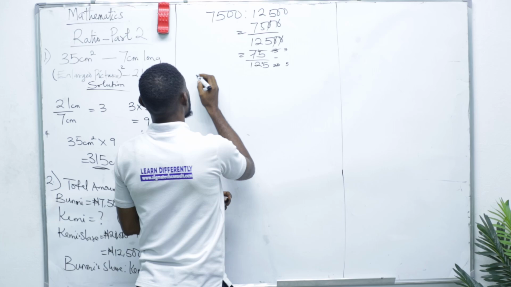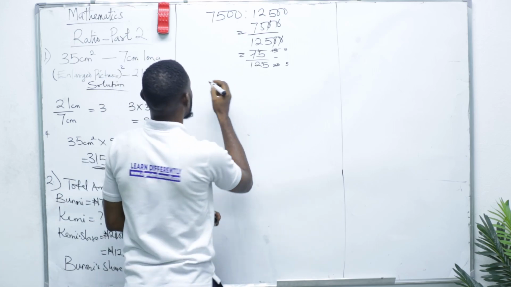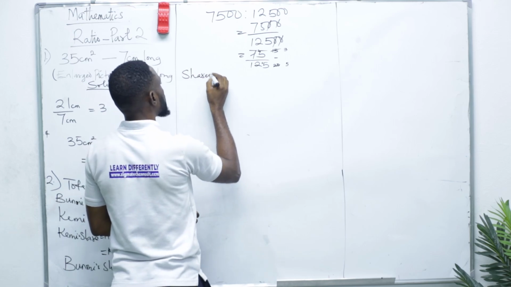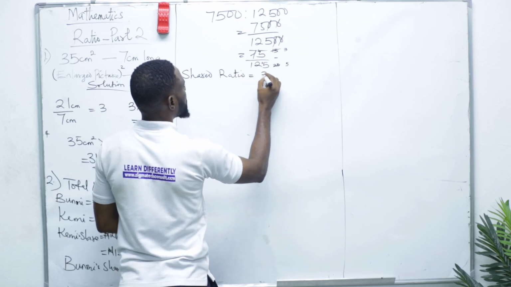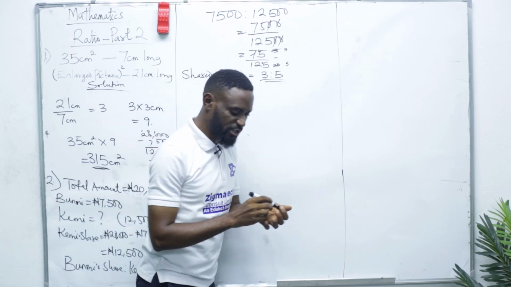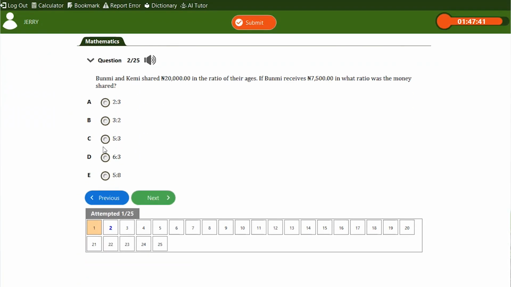So we say that the ratio of the sharing, or the shared ratio, is equal to 3 is to what? 5. That was the sharing ratio. 3 is to 5. Okay?